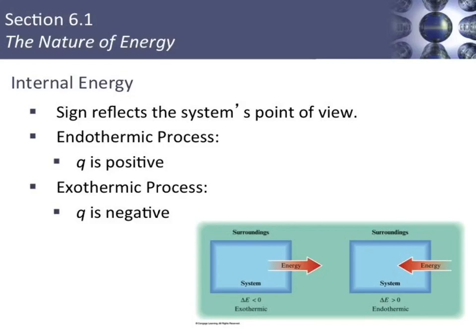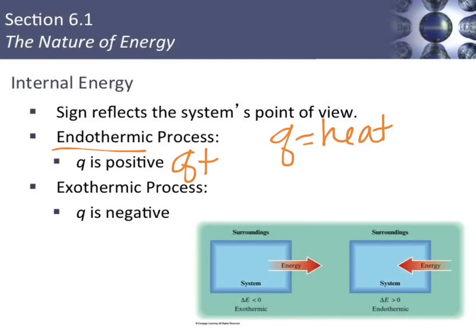Okay, so a sign reflects the system's point of view. So in an endothermic process, Q is positive. So we know in endothermic, Q, which is what we've been calling energy, is positive. Okay, so Q from now on is equal to heat. In AP physics, I think you guys use capital Q. We use little q in here.